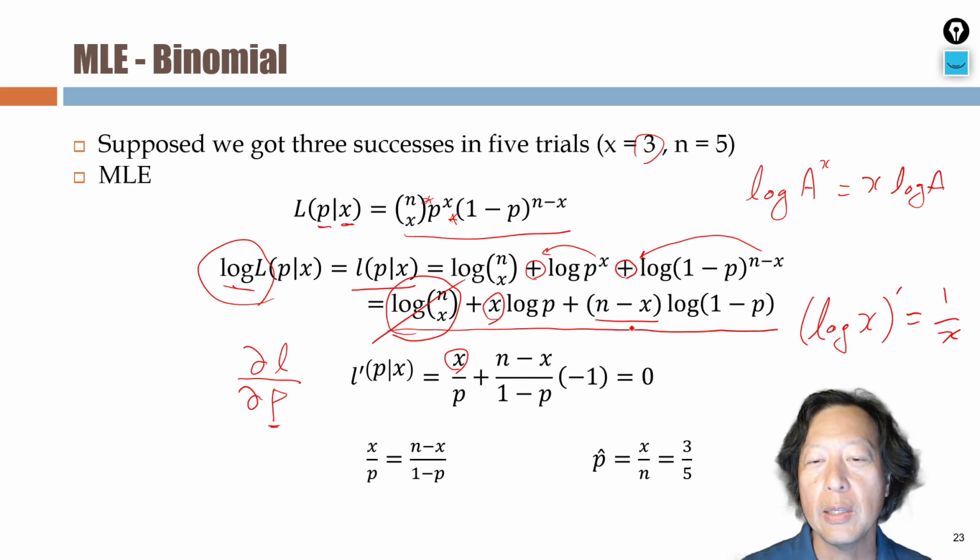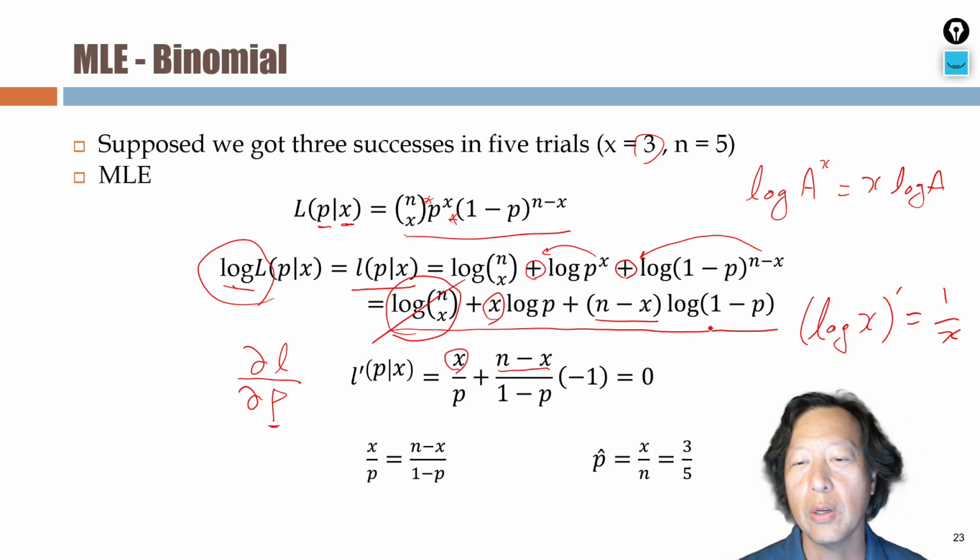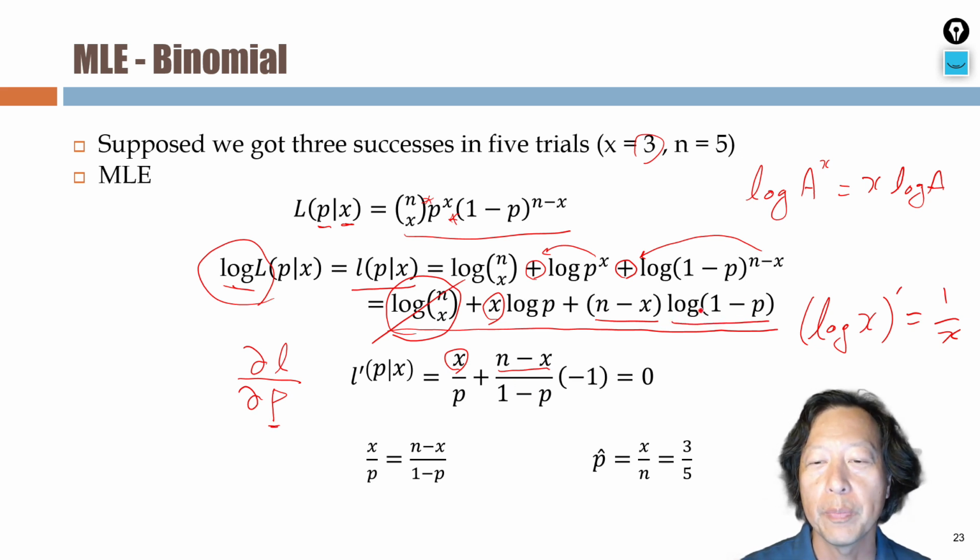Plus n minus x is also a constant. And the derivative of log of 1 minus p is 1 over 1 minus p. But inside this log function, there is another function, 1 minus p. So I have to find the derivative of 1 minus p, which is minus 1.